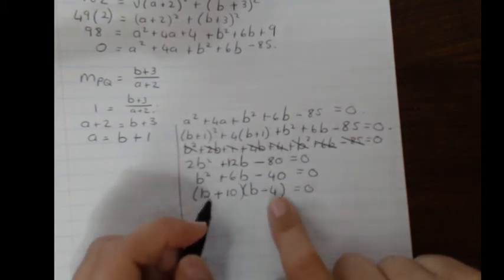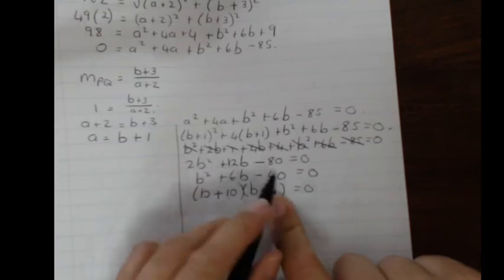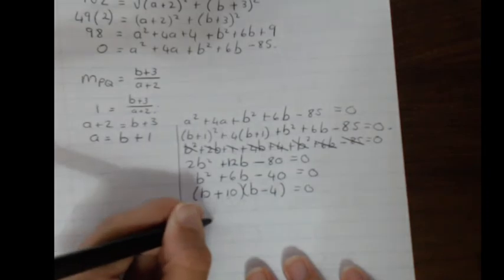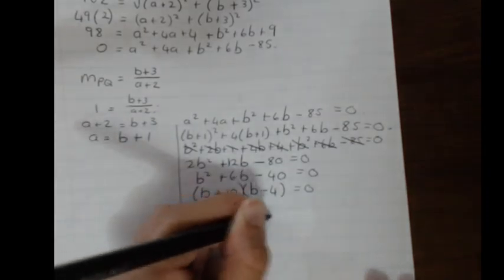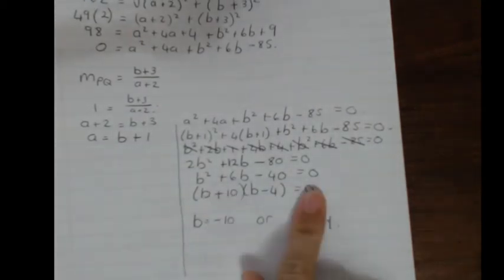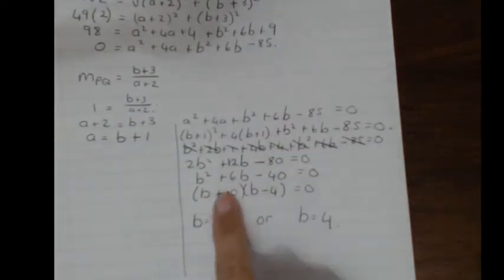Plus 10b minus 4b minus 40. Okay, that works. So b is negative 10 or b is 4. You can always use the quadratic formula as well, so you don't waste time on factorizing.